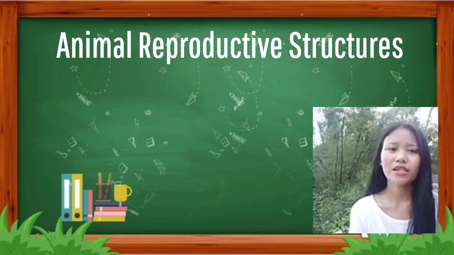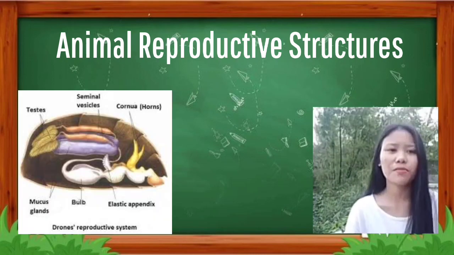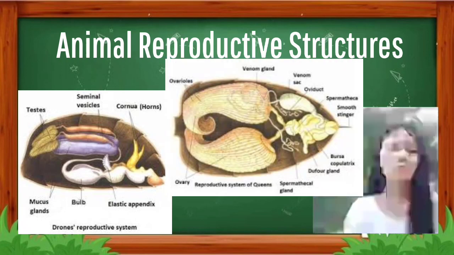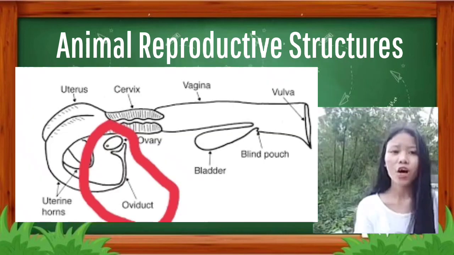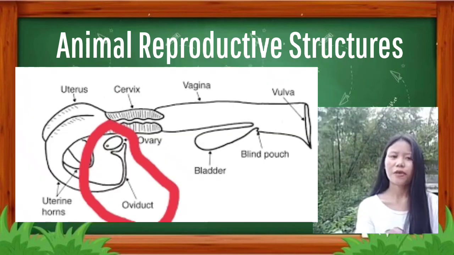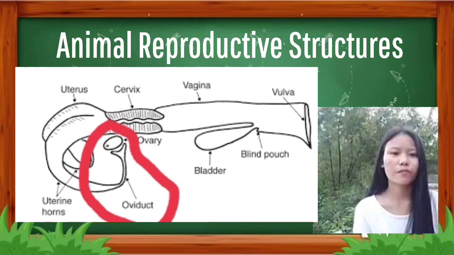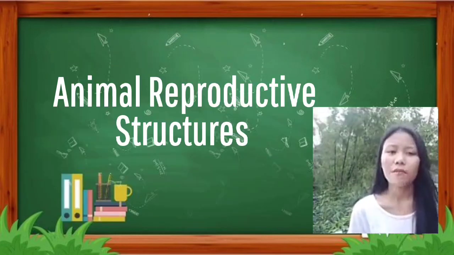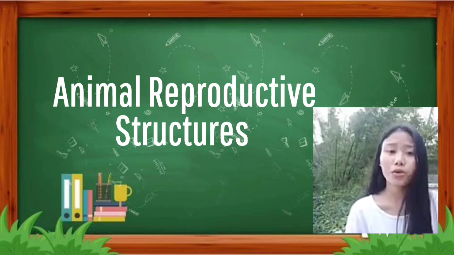In insects such as bees, the testes produce sperms in males and the ovaries produce the eggs in females. The oviducts provide space for sex cells to travel to the uterus. Female insects may store sperms in the spermatheca, an accessory organ.